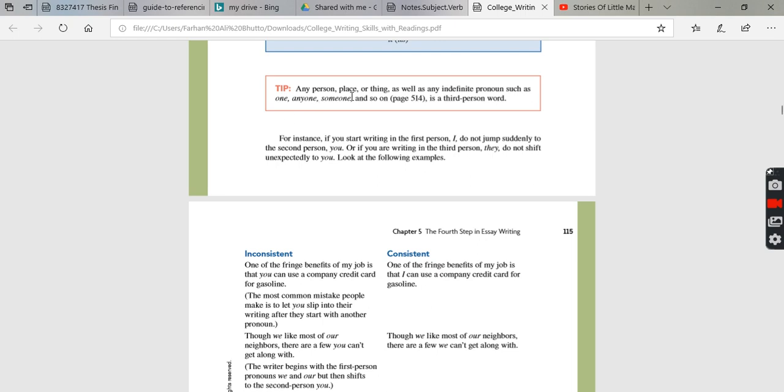Now, any person, place, or thing, as well as any indefinite pronoun such as one, anyone, someone, and so on, is a third person word.